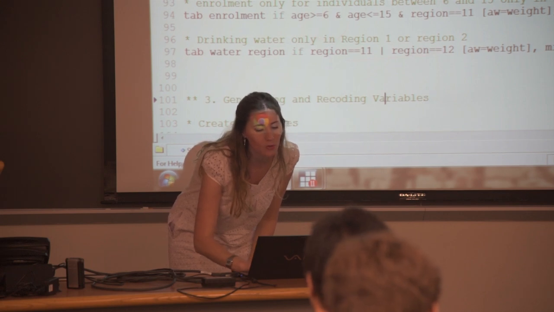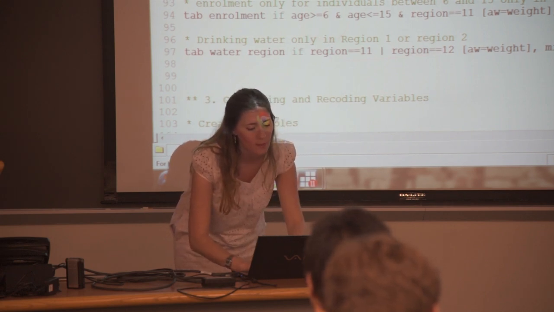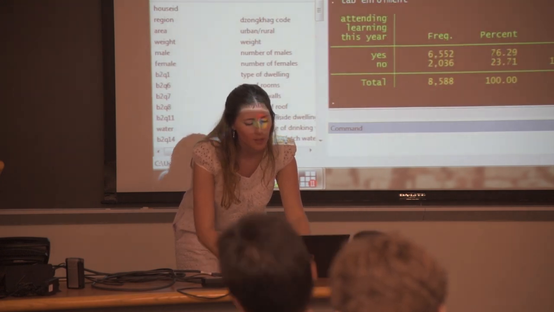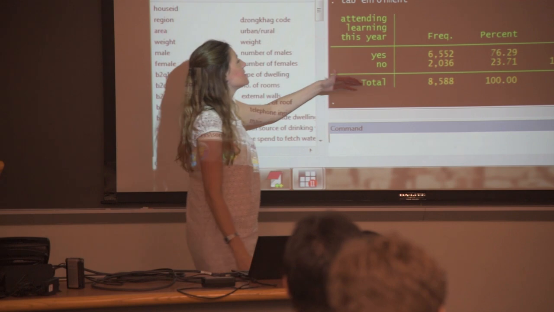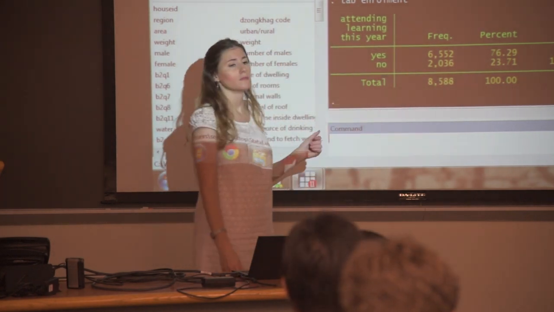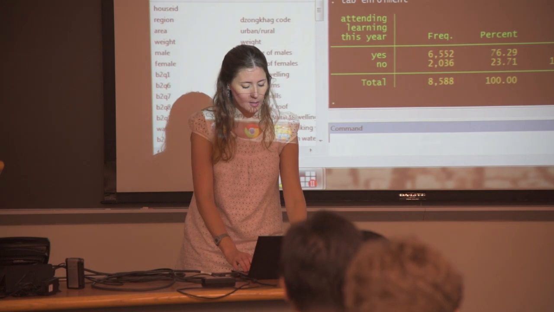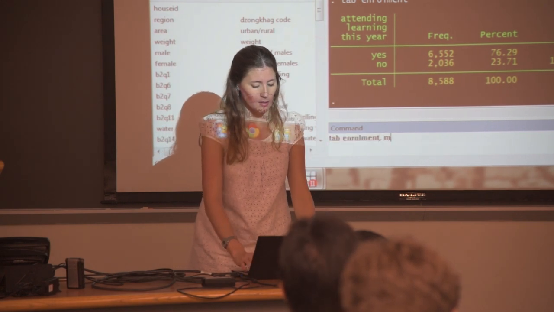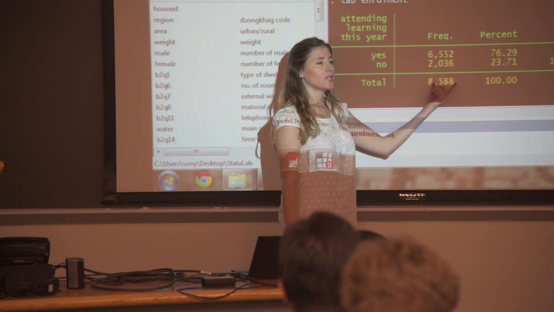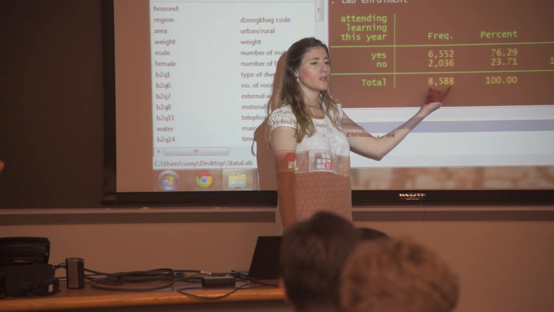Now imagine, and I want to show you why it's important to keep these filters, imagine that we do a tabulate of enrollment. We're getting that 76% of the population say that they are enrolled at school. But actually, we see that the population that has replied is not the total sample.